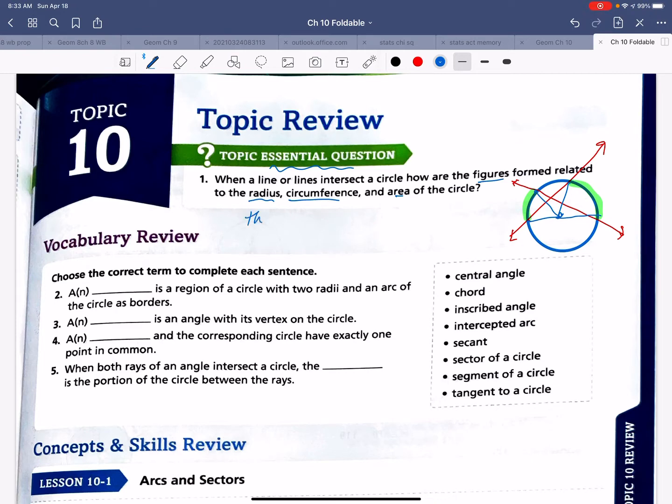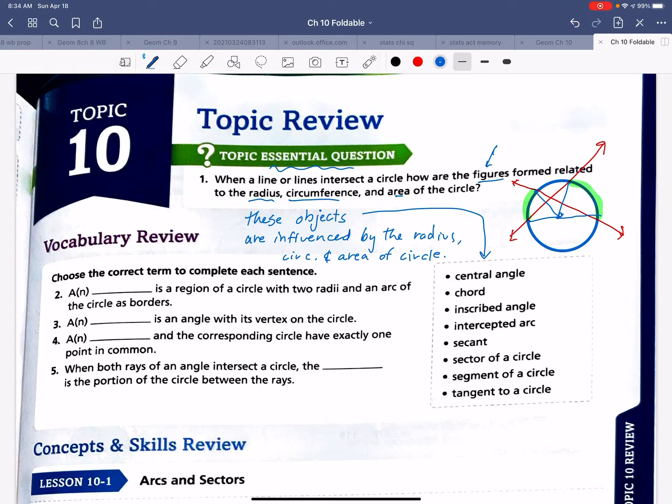So all these objects, I guess I'm using the word objects in the same way I'm using figures, are influenced by the radius, the circumference, and the area of our circle. We use those three measurements to calculate other figures.